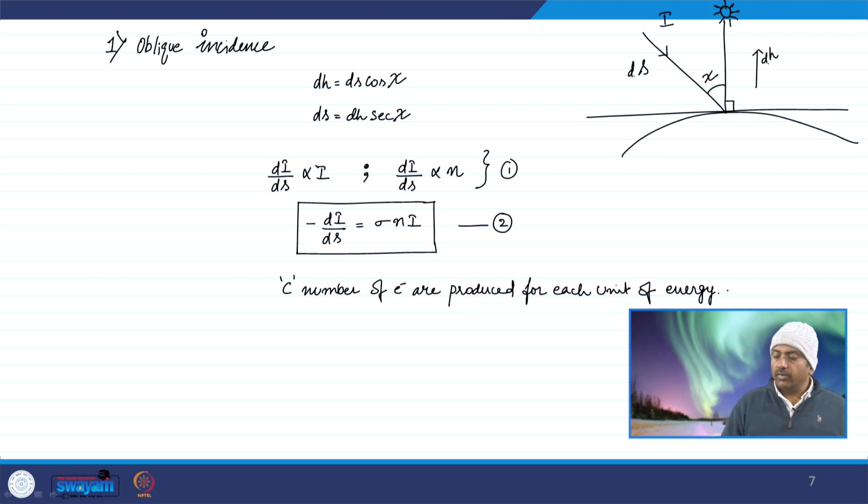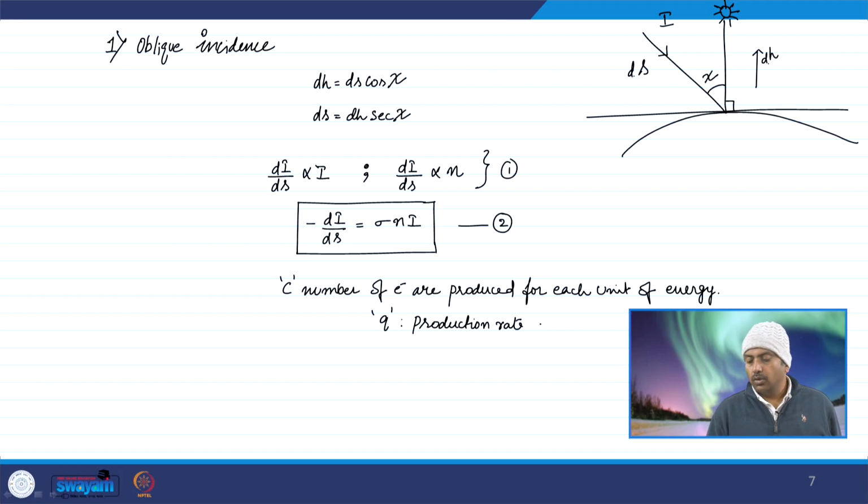So, 1 unit of energy gets spent, which will result in the formation of C number of electrons. If you define Q to be the production rate, Q is the rate at which electrons are produced.